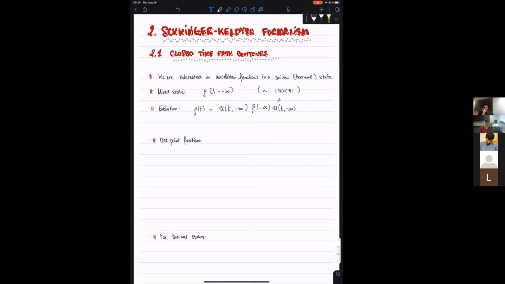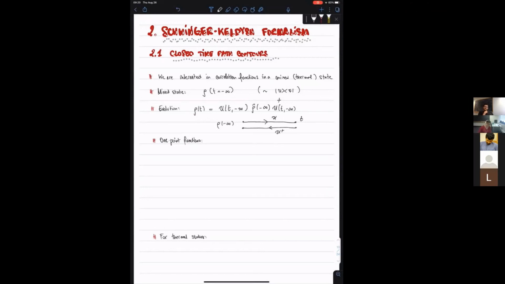You can represent this pictorially by saying that there is a density matrix in the infinite past, and there is a leg of evolution forward to some time t, and then a leg of backwards evolution back to where the initial state is defined.